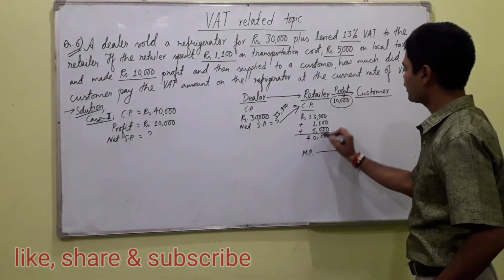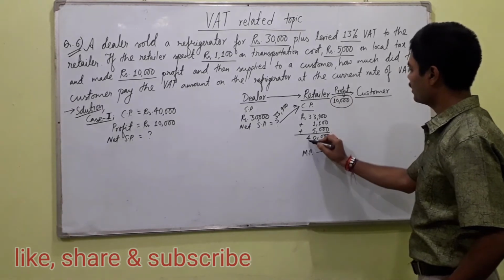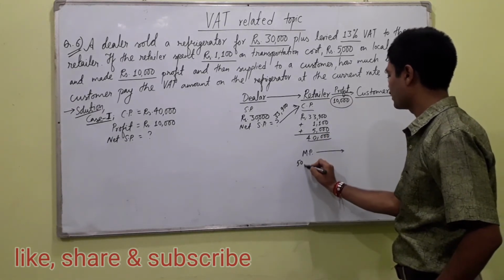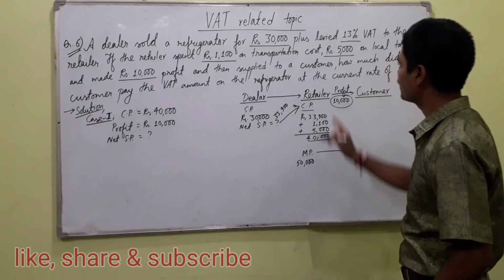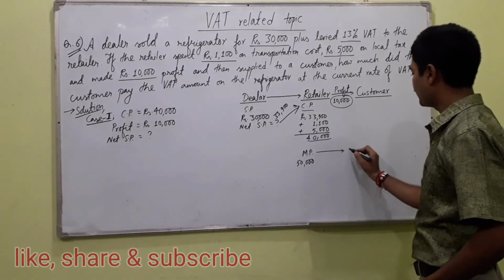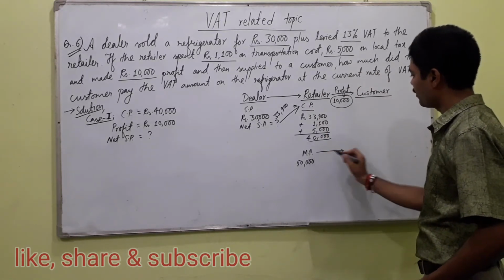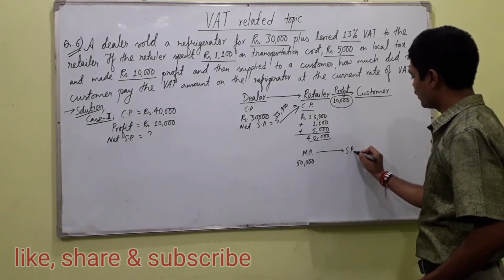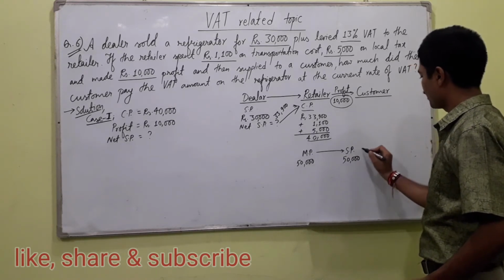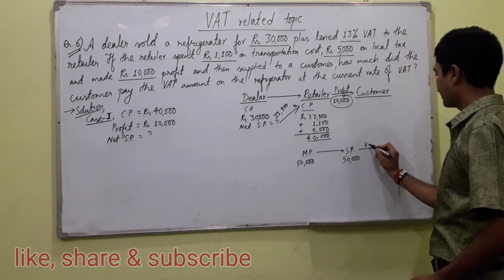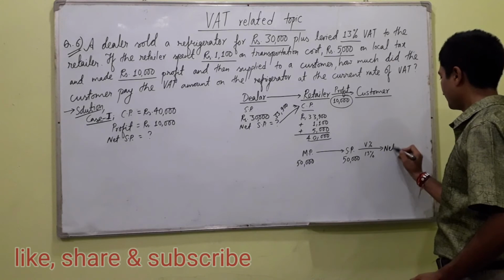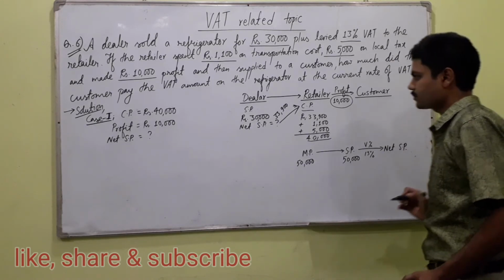So he will definitely sell the refrigerator at 40,000 plus 10,000, that is 50,000, because there is no discount explained in the question. So I think the customer buys directly at the mark price, so it converts into selling price. And now there is a VAT levied on it, 13%. So there is a net selling price to be found.